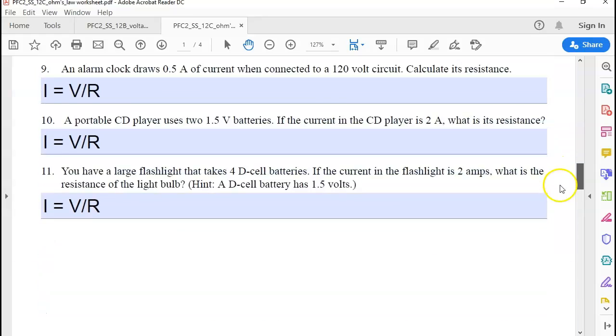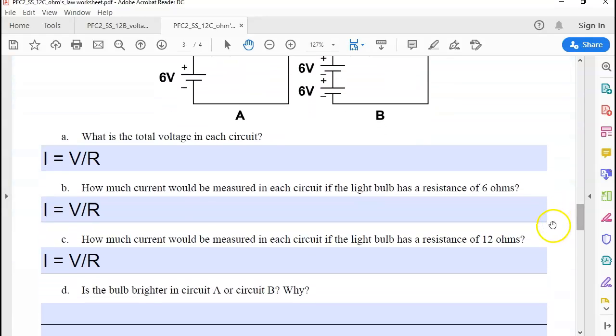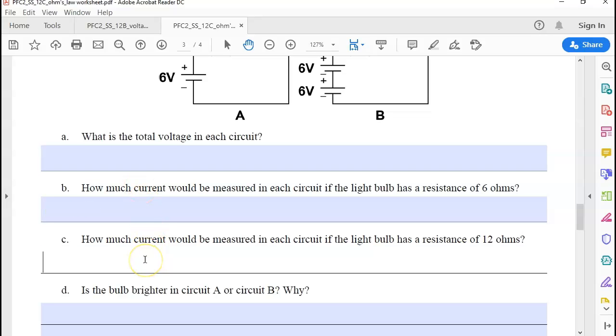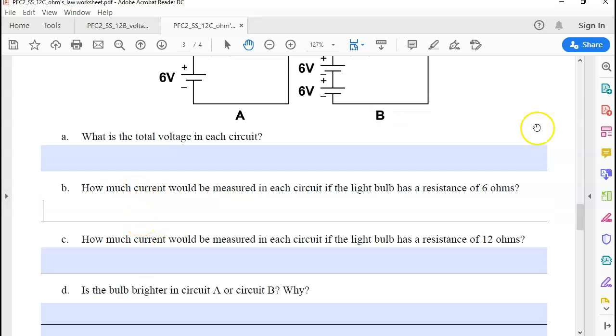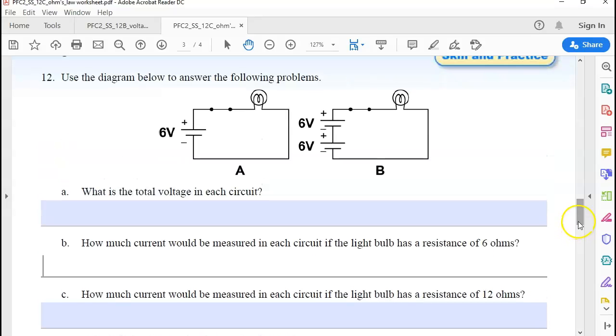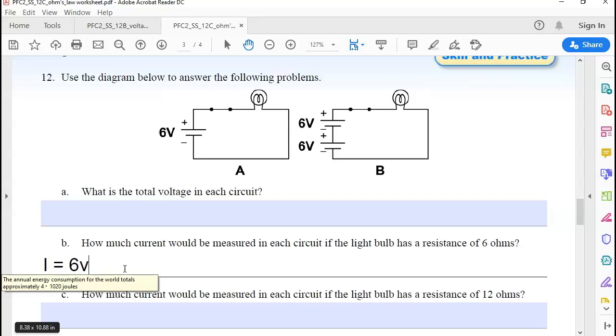Yeah, current equals voltage divided by resistance. Okay. It's saying if the light bulb has a resistance of 6, my voltage is 6, so my current would be 6 volts divided by a resistance of 6, and 6 divided by 6 would give me 1 amp of current. And that's for letter A.